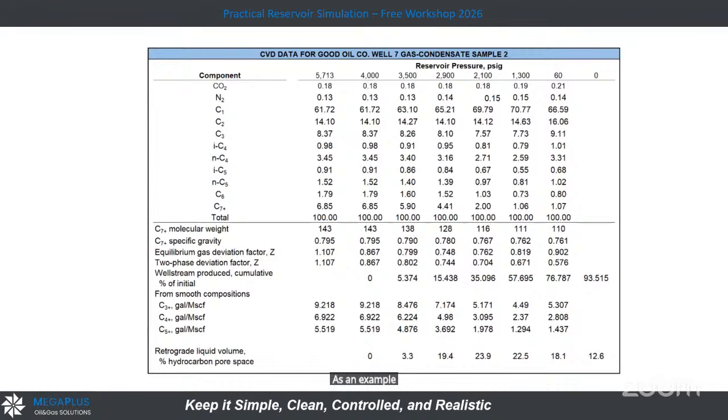As an example, I have from C1 to C5 mole percentage summation, say, 70%. And from C6 to C7, which is maybe liquid phase at that pressure. If from C1 to C5 it is 60, then the rest will be 40.